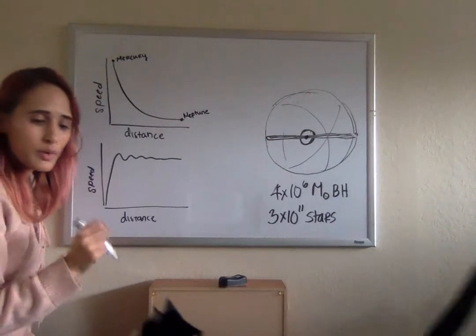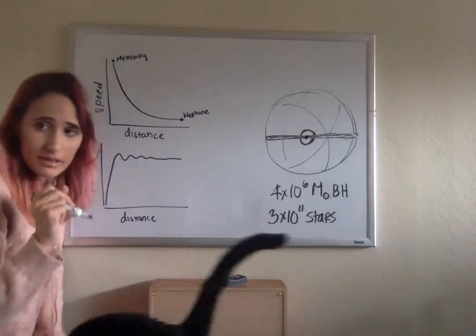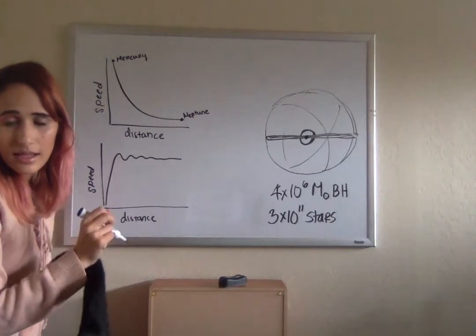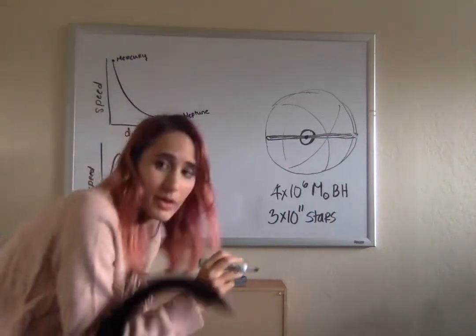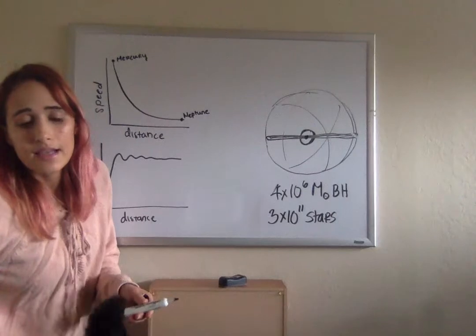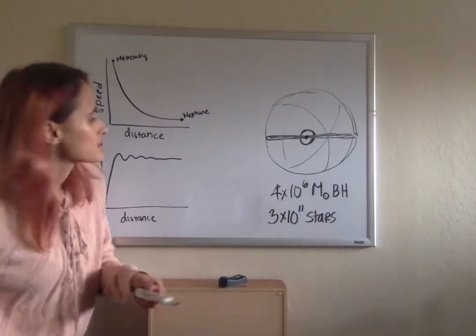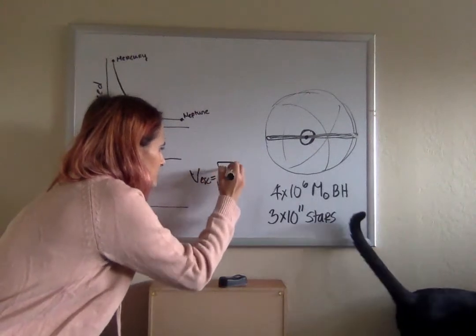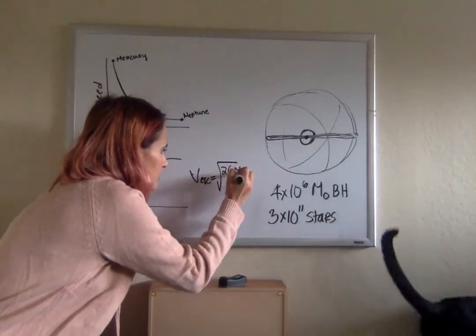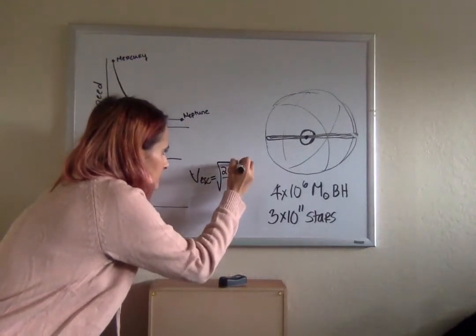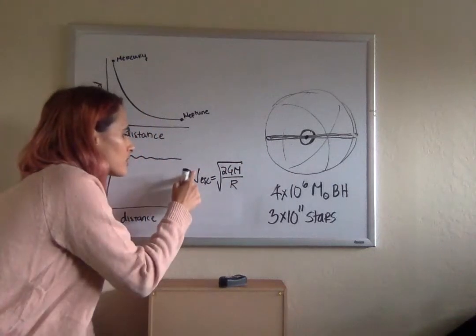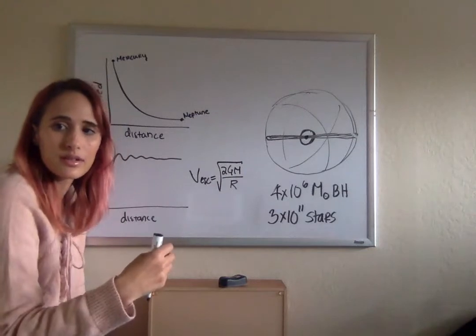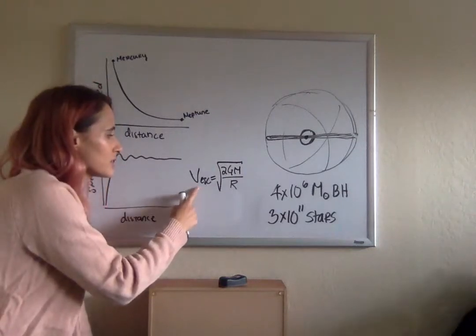So one way you can think about this is we talked about escape velocity in class and in other parts of these sections. Escape velocity is given by this formula, the square root of 2GM over r. As r goes up, as you get farther away from the center, your escape velocity goes down.